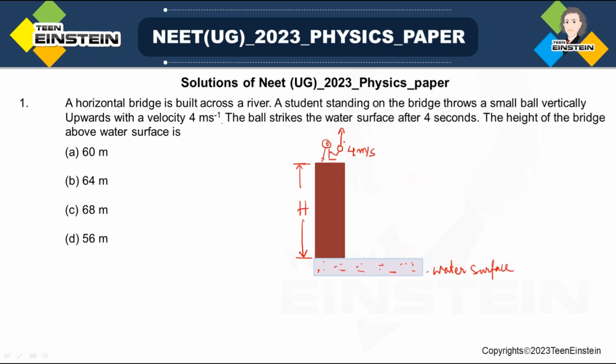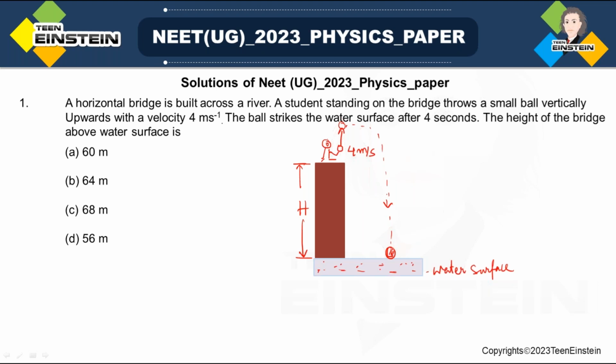See how it goes. It goes first to some top, momentarily comes to rest, and then eventually falls on the water. This is the trajectory of the ball, somewhat like this.